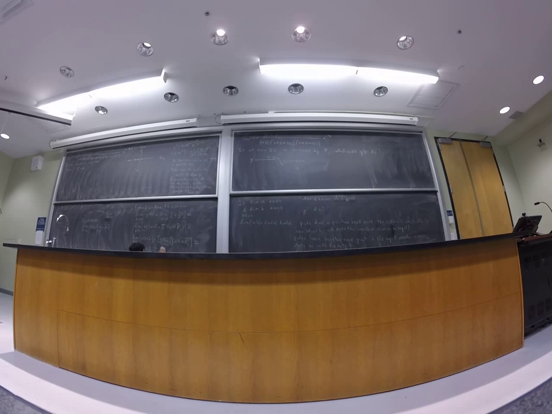I'll do the same thing: the limit as s goes to 0 of g di of s times the limit as s goes to 0 of s times di prime bar.